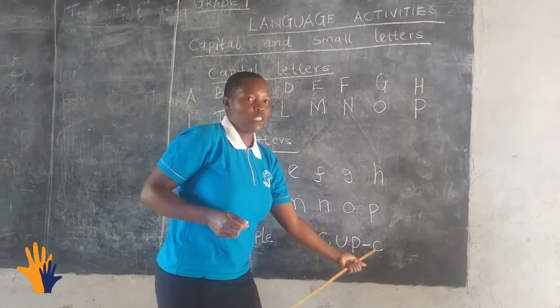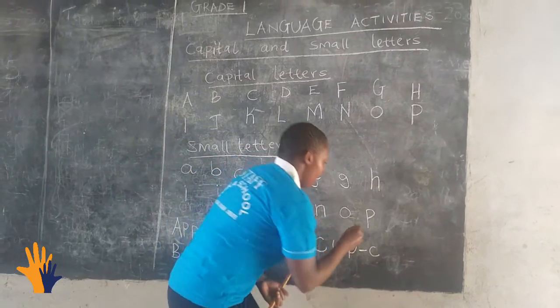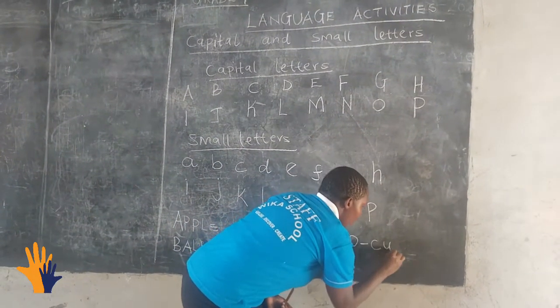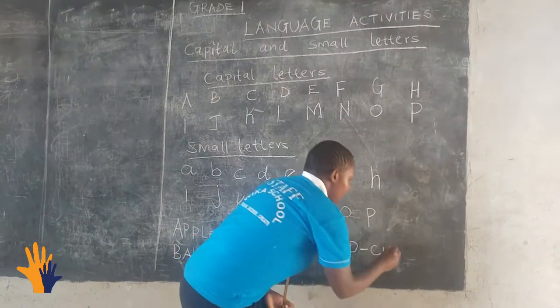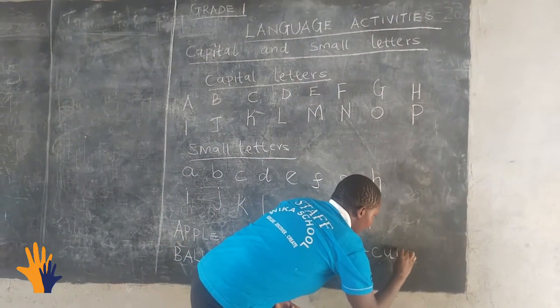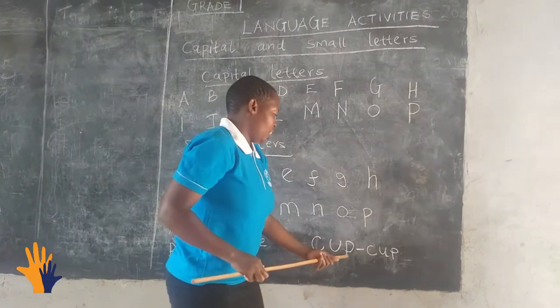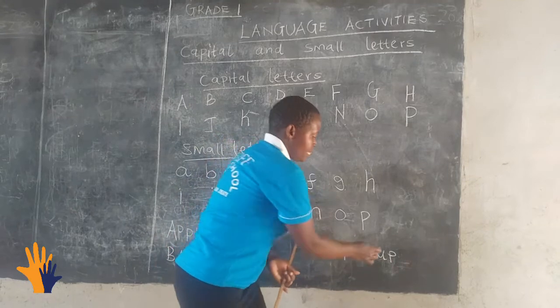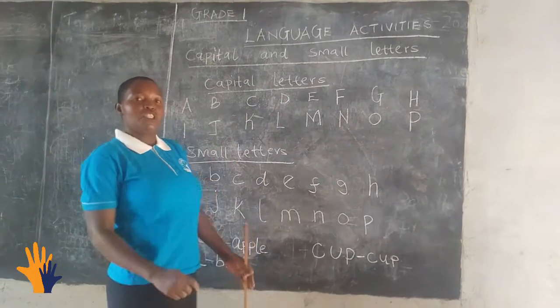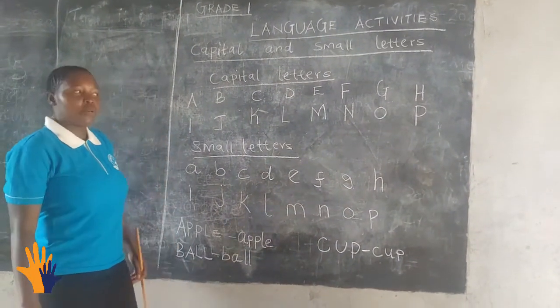Sound k, that one is small letter C. And then sound u, it is small letter U. And then lastly, we change capital letter P into small letter P, the sound P. Have you seen, children? Very good.